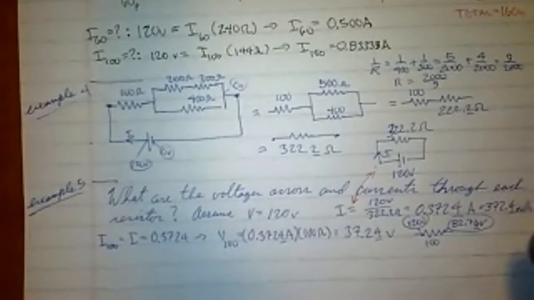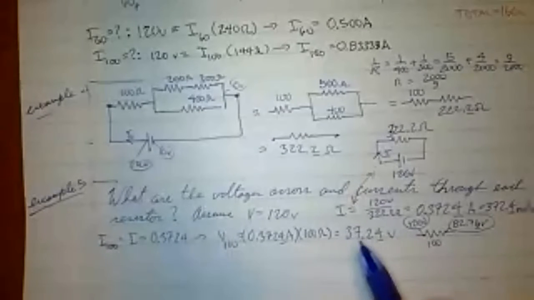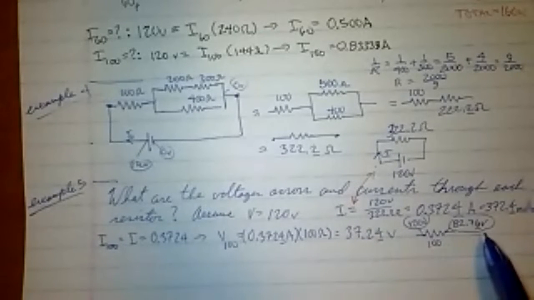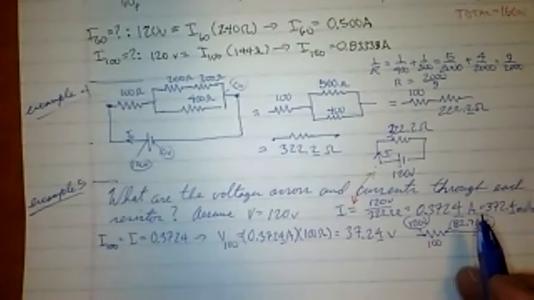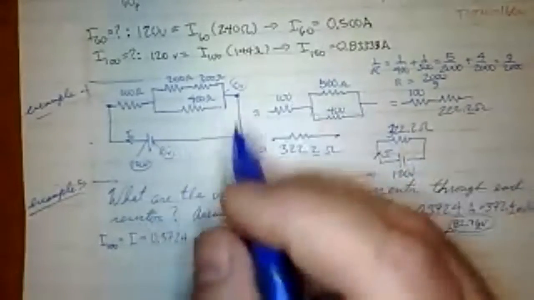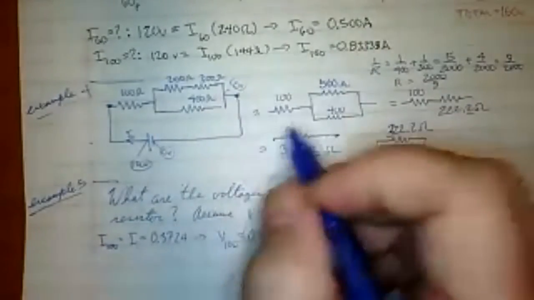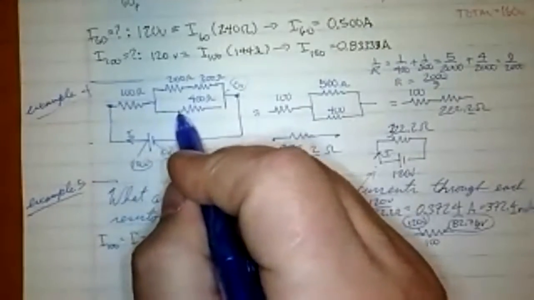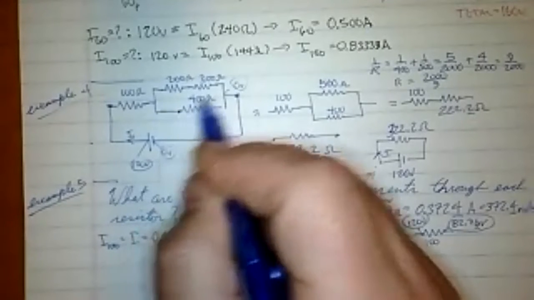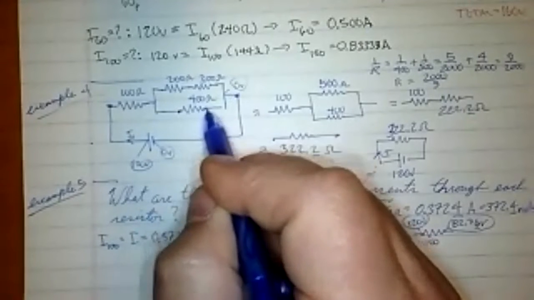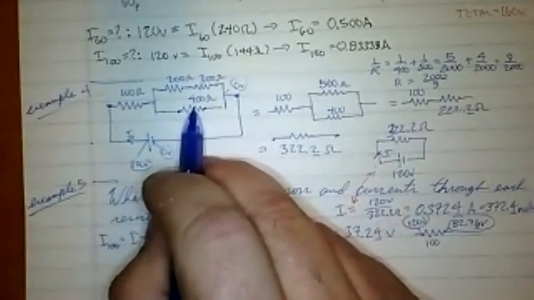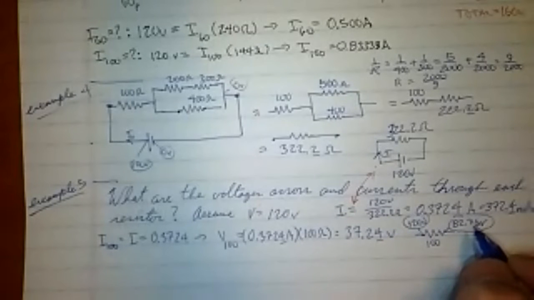Does that make sense? So in other words, if I do 120 minus 37.24, I get 82.76. Now, that also happens to be the voltage right here and even right here. And that 0 happens to be the voltage here. So now I know that the voltage across the 400 is 82.76 volts.